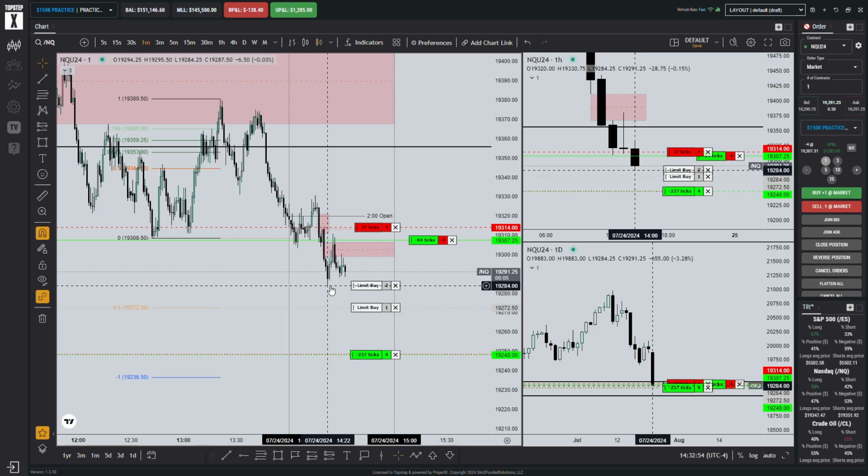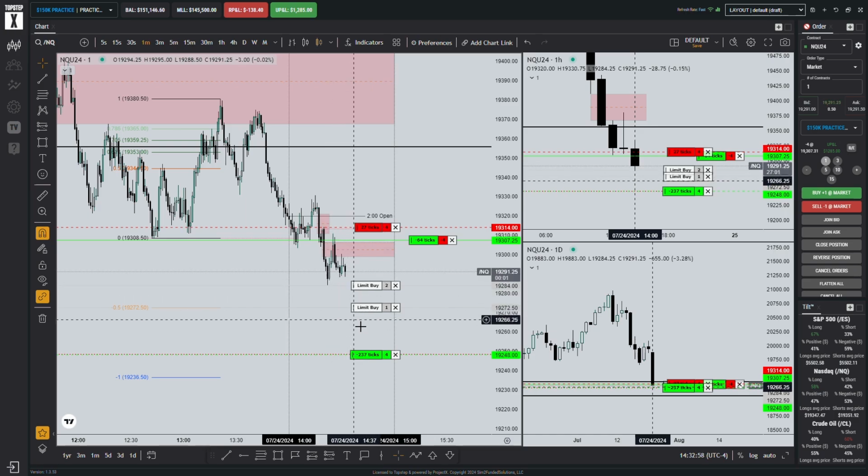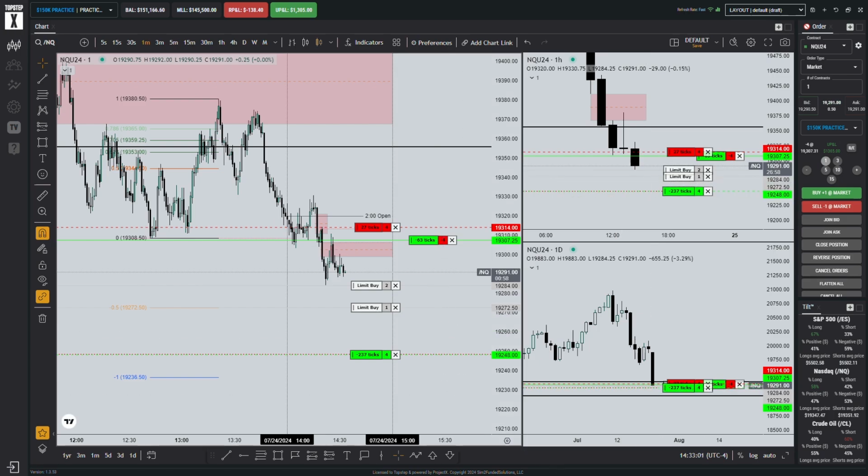Half the position off at new low of the day. I want to see more heaviness. I like that we were green and then we got swashed back down. The market's feeling gravity right now.